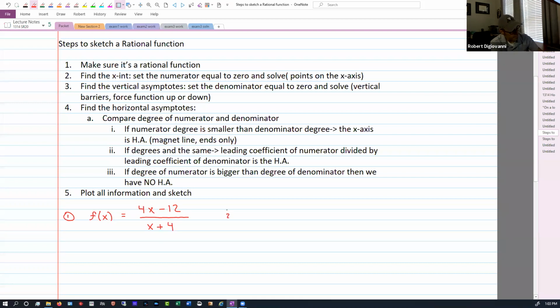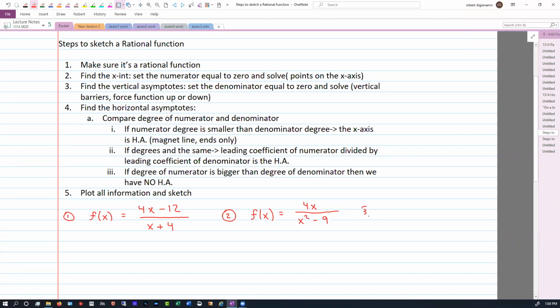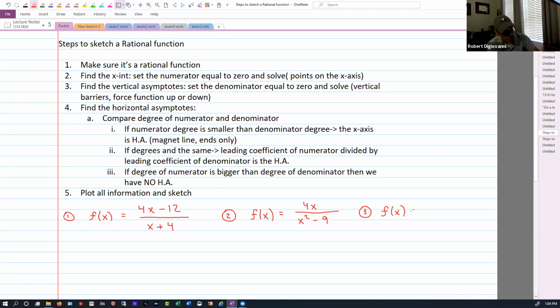The second one, f of x equals, how about 4x over x squared minus 9. And the last one, f of x equals, oh, this will be good. Let's flip that one over, x squared minus 9 over 4x.